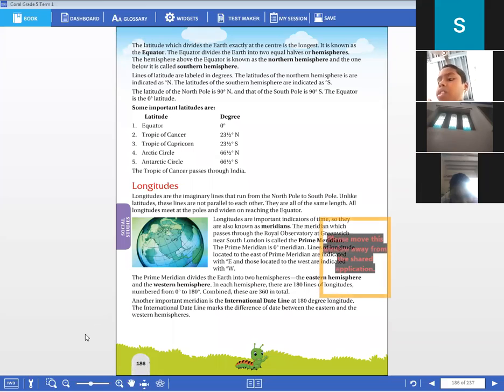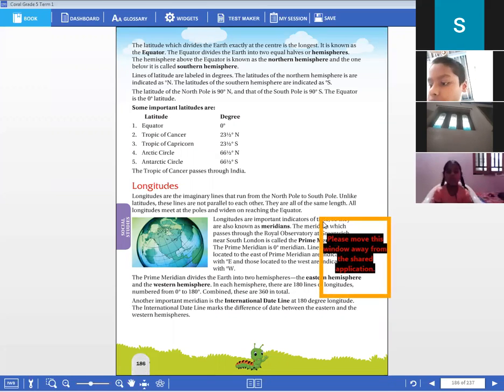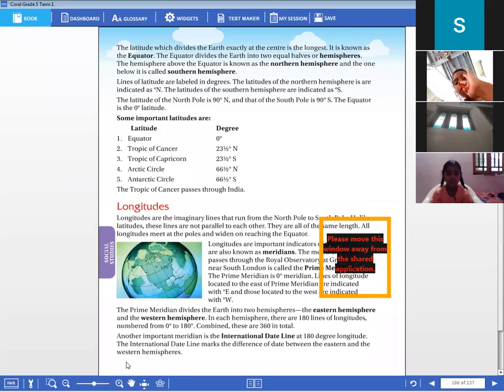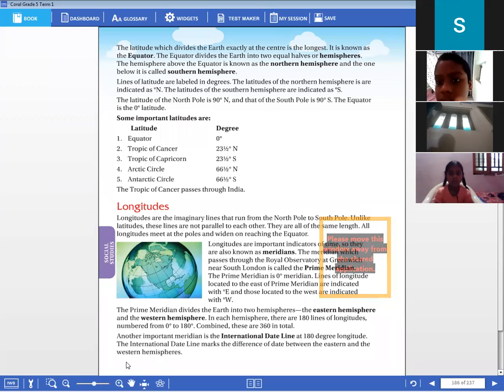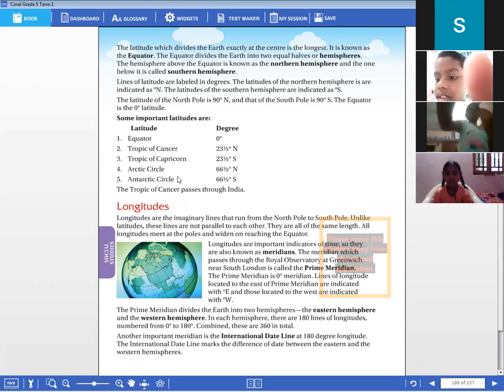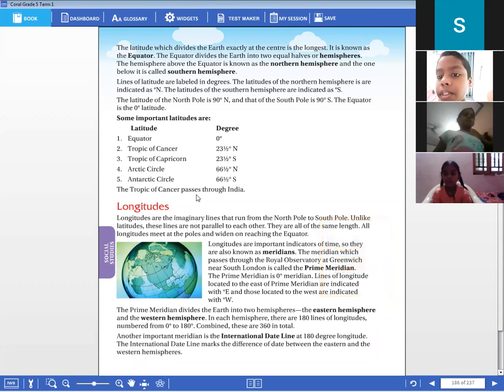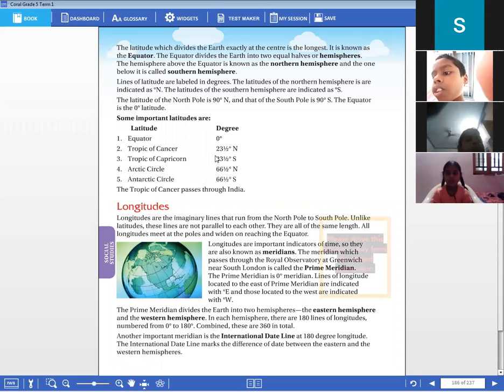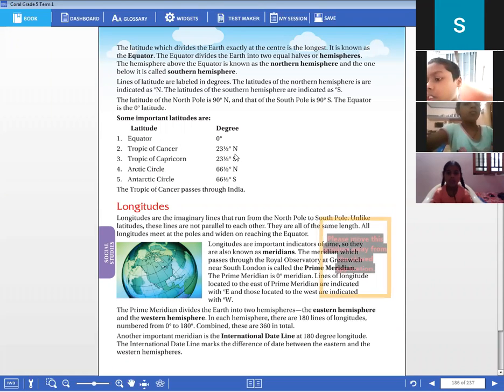The prime meridian divides the earth into two hemispheres. Why, ma'am, you are only telling about some line passing through South London, Greenwich? You may ask me the question. I know my children are really intellectual and will ask a question. Here we discussed the Tropic of Cancer at 23.5 degree north, which passes through India.